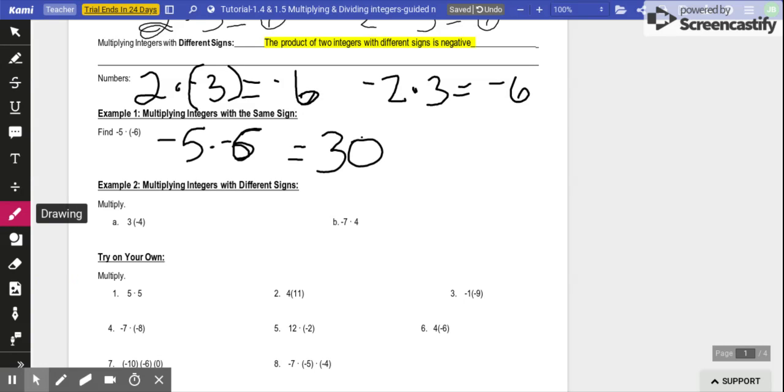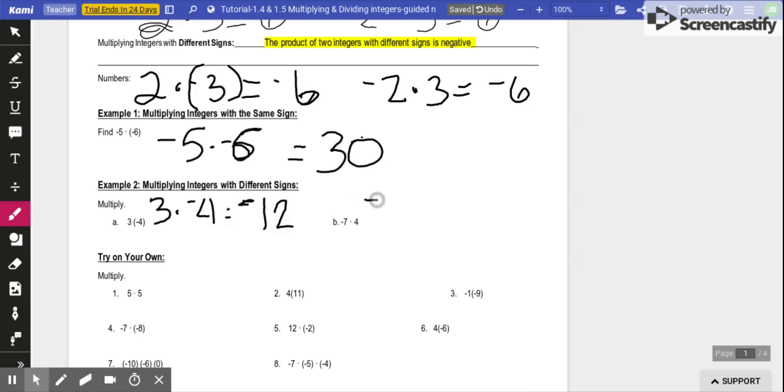For our example 2, we are going to multiply integers with different signs. So here we have 3 times negative 4. We have two different signs, so I know my answer is going to end up being negative. If I'm multiplying just 3 times 4, I get 12, so negative 12.